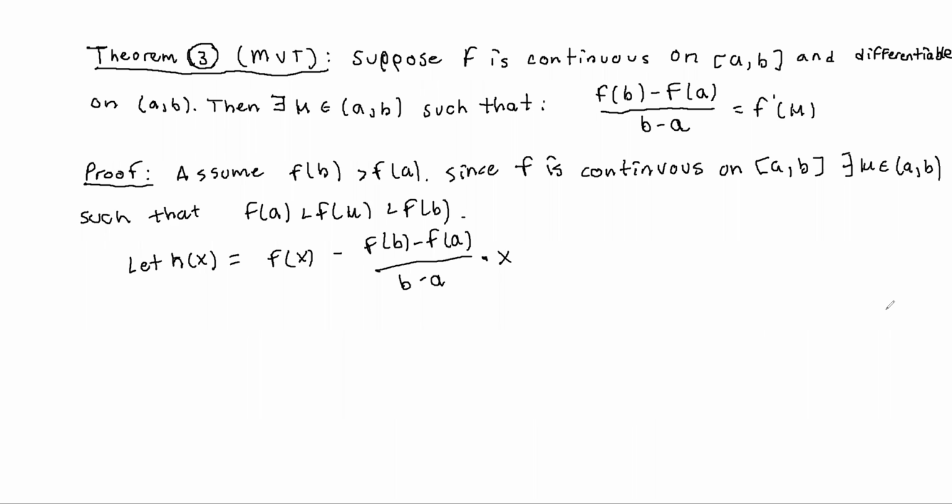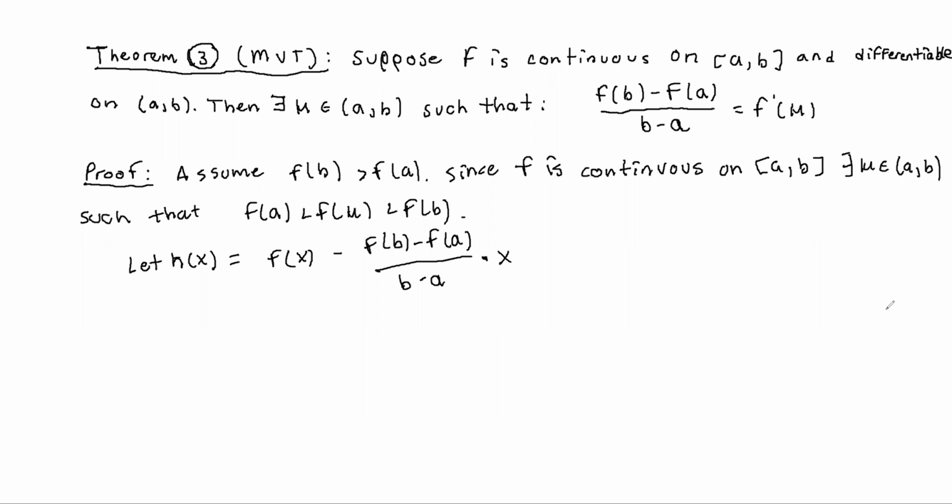So for all that, we set our function h of x equal to f of x minus f of b minus f of a over b minus a times x. And I say, okay, well, h of x has the three conditions, or satisfies the three conditions for the Rolle's theorem.